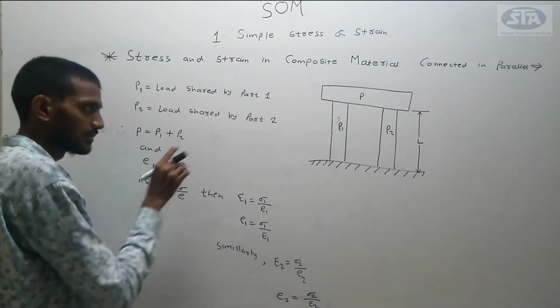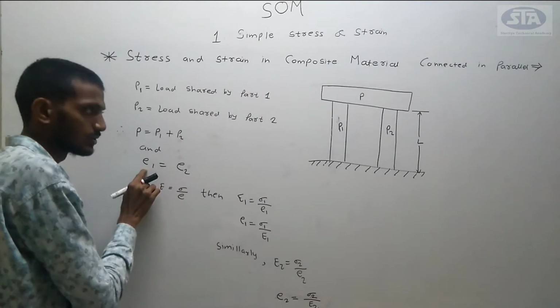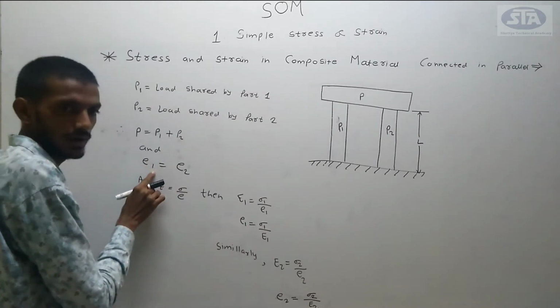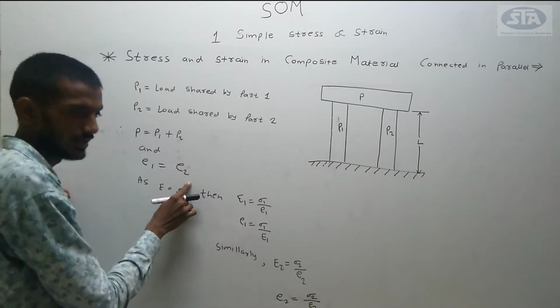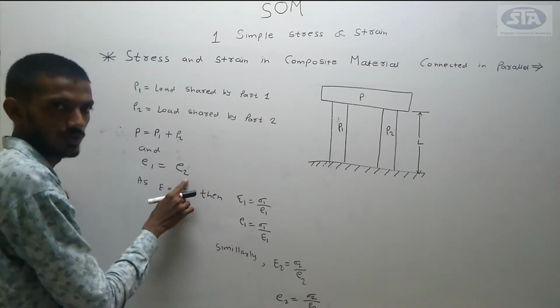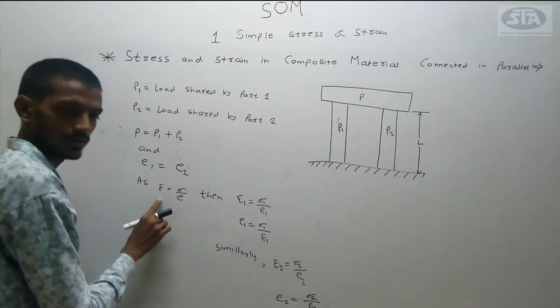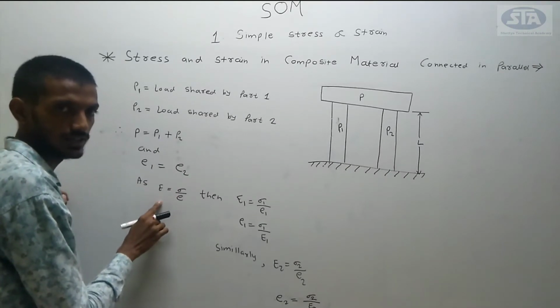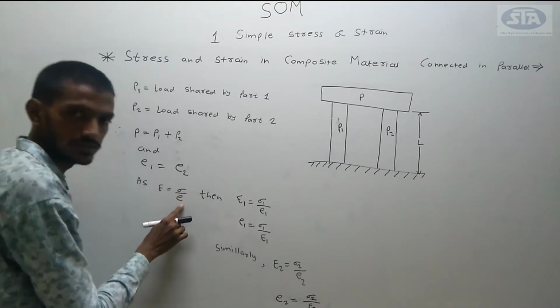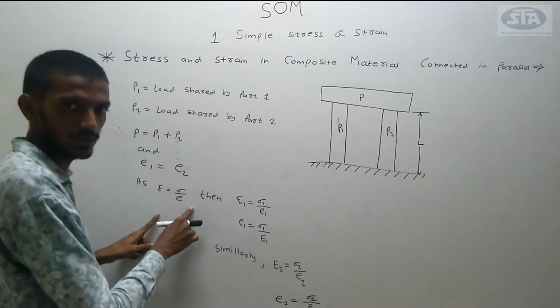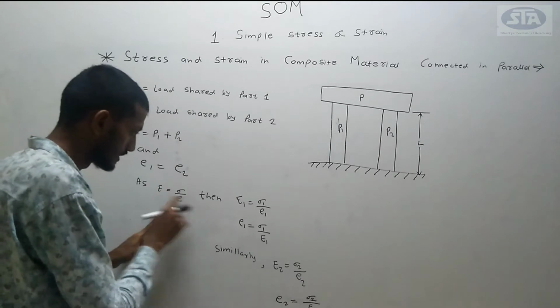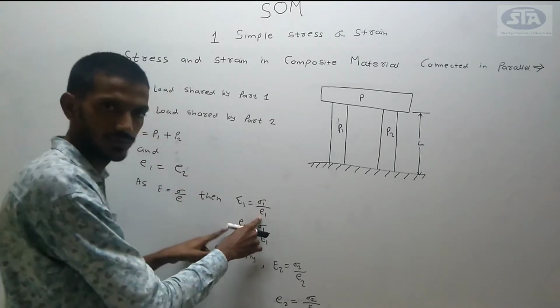And the relation between strain: the strain in one part is equal to the strain in the second part, that is e1 is equal to e2. We know another relation, modulus of elasticity is equal to stress upon strain. From that relation we can calculate for part number 1, small e1 is equal to sigma 1 upon capital E1.